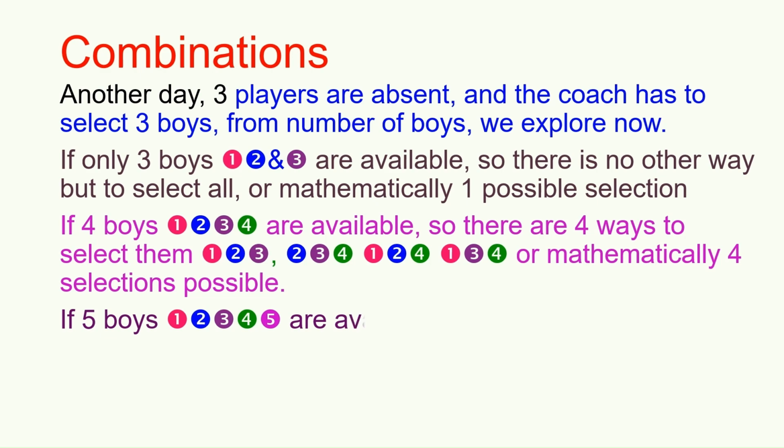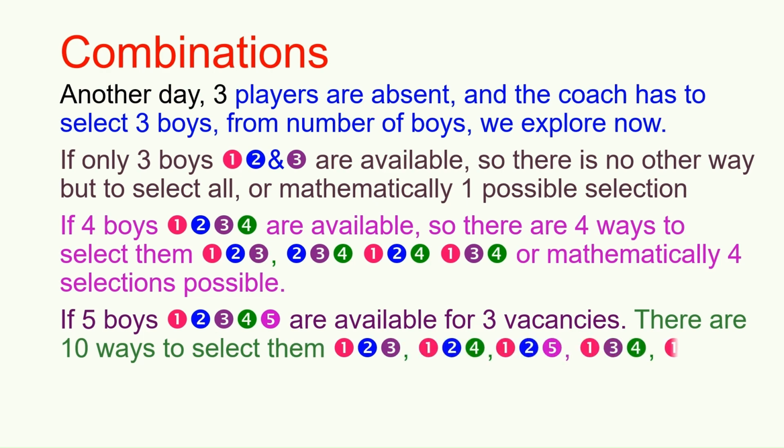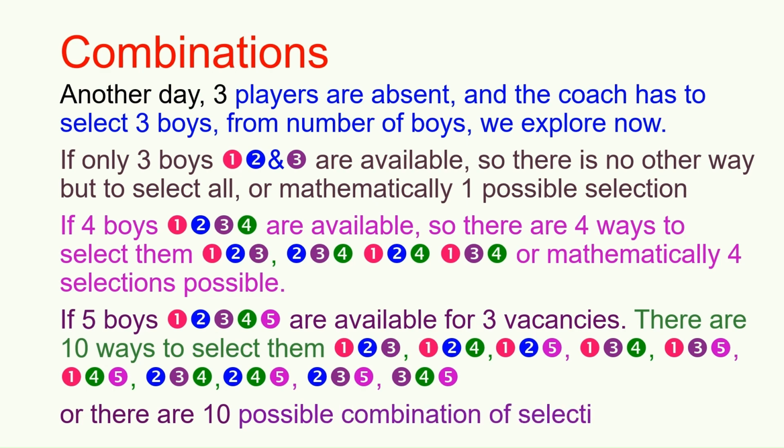If 5 boys numbered 1, 2, 3, 4, 5 are available for 3 vacancies, note there are 10 ways to select them, or 10 possible combinations of selection.